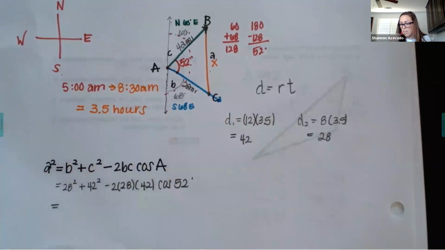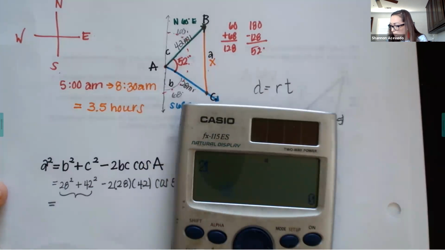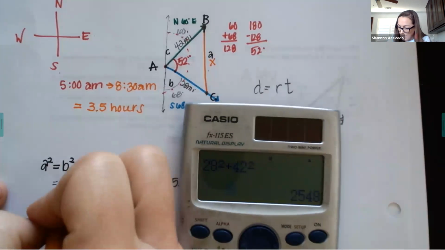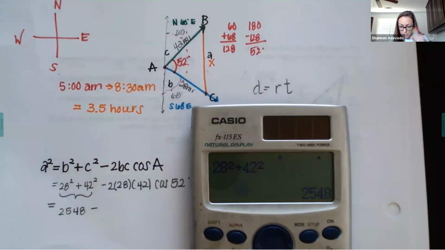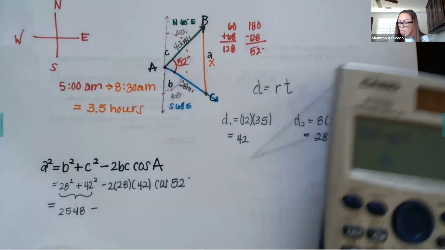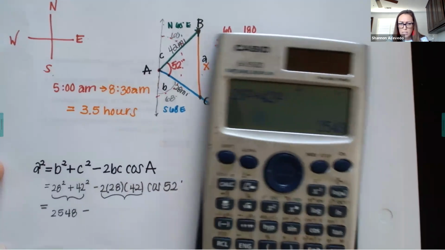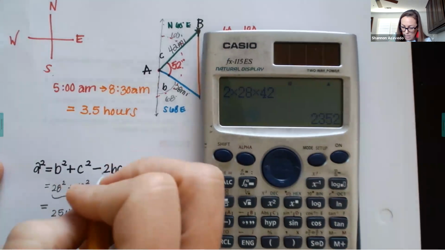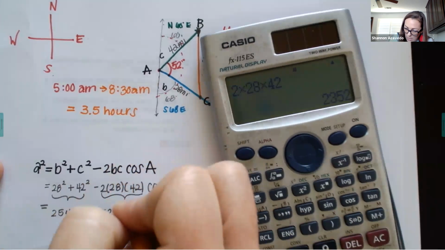I go to my wonderful calculator. I usually do this together, so I'll just type in 28 squared plus 42 squared, and I get 2,548 minus, again, remember that this is the coefficient. So I like to write that out and simplify it so you usually make fewer mistakes. So it's 2 times my 28 times my 42, which is going to be 2,352 cosine of 52.